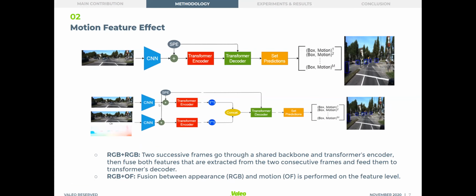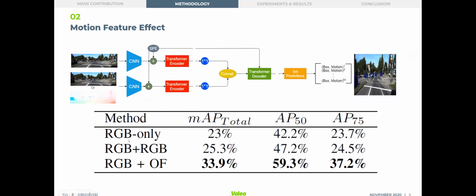For example, the first stream here is fed by the RGB frame, and the second one could be fed by a consecutive frame or by optical flow. And here is an ablation study of the motion feature effect. Of course, intuitively, RGB and optical flow achieves the best accuracy.